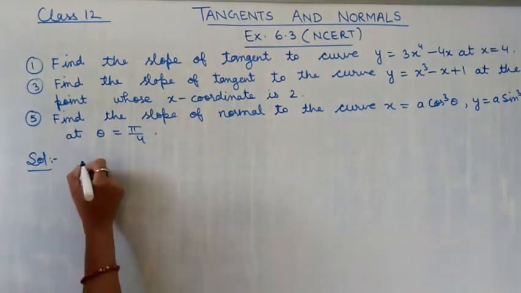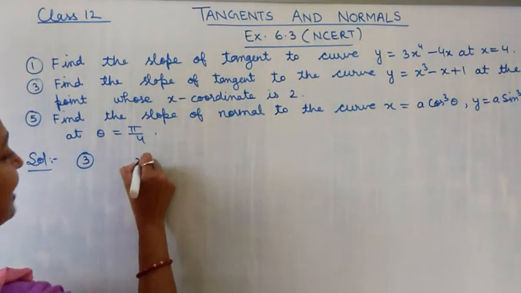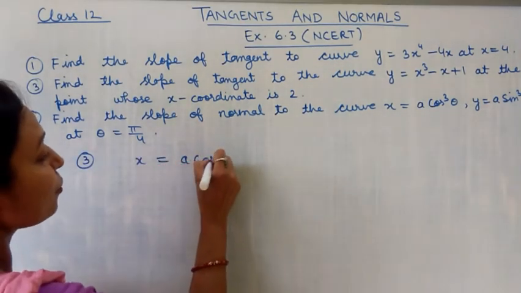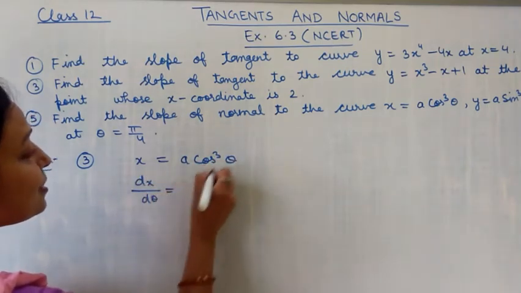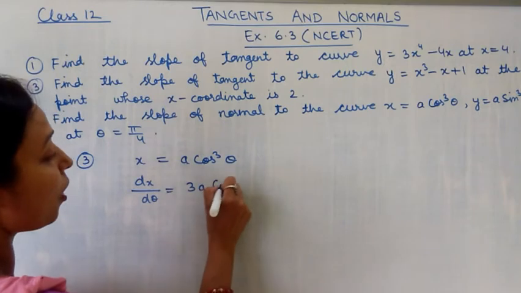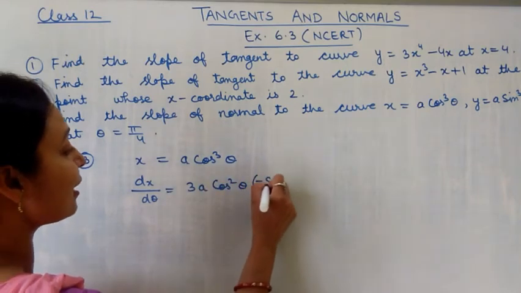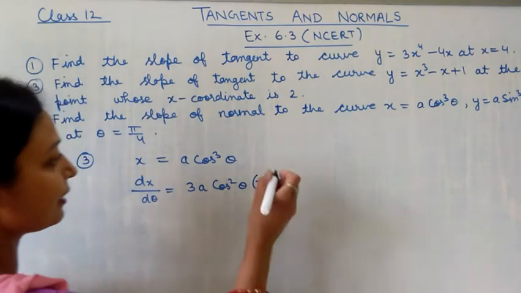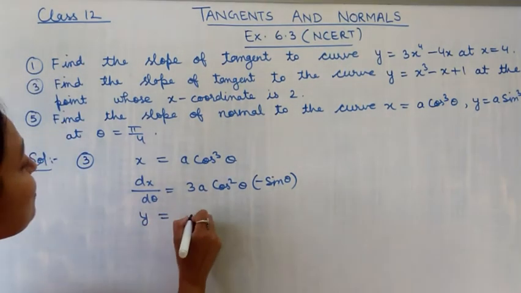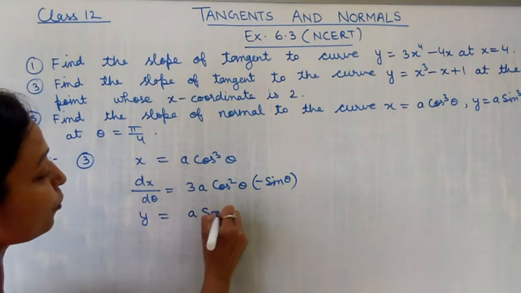How can we solve? X is equals to a cos cube theta, that is dx upon d theta is equals to 3a cos square theta, and the derivative of cos is negative sin theta. Now y is equals to a sin cube theta.